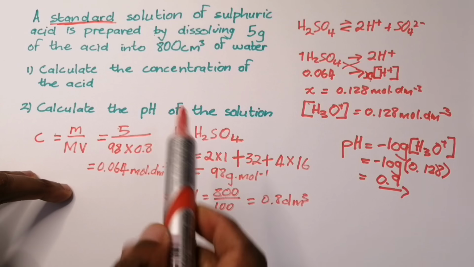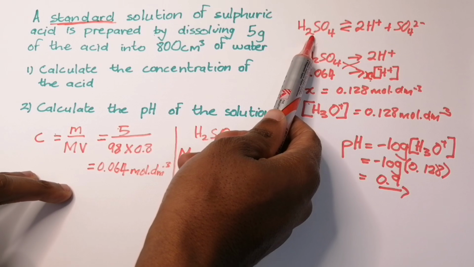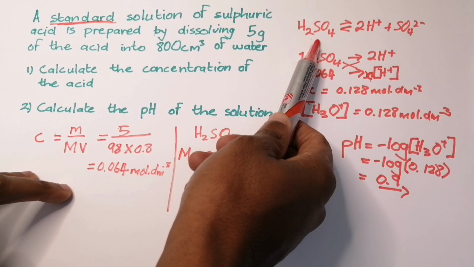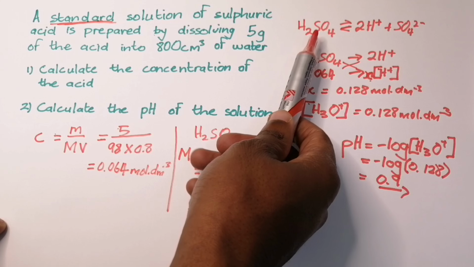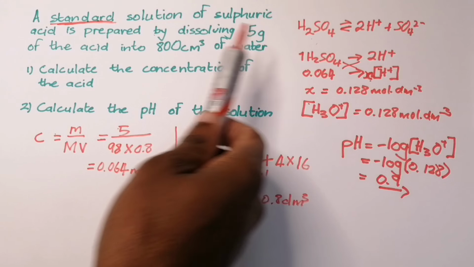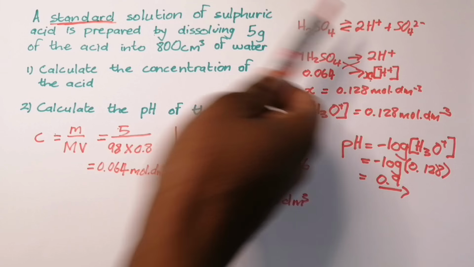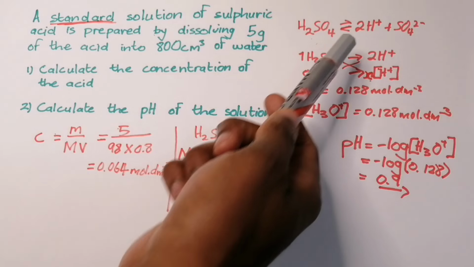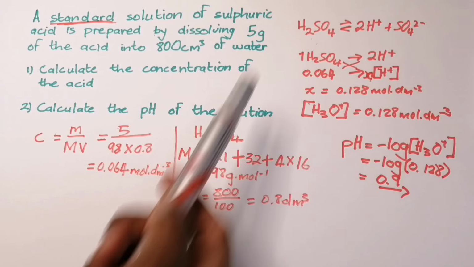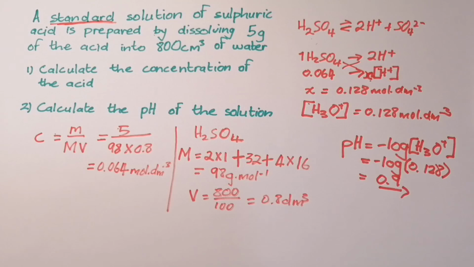If I'm given the concentration of the acid, I would use this formula to find the concentration of my hydronium ions, and as a result, I would be able to simply calculate the pH. I hope that makes sense. I hope we can all understand that.